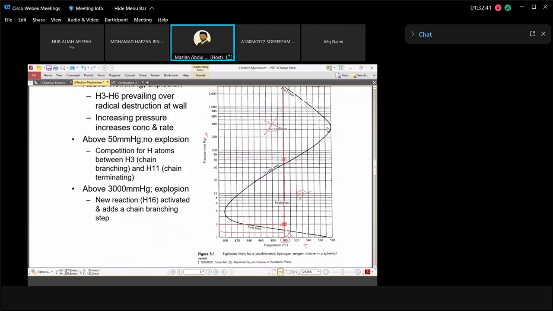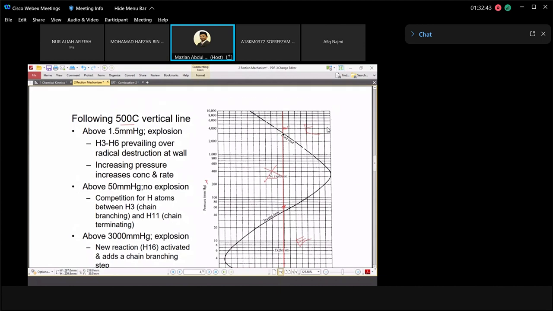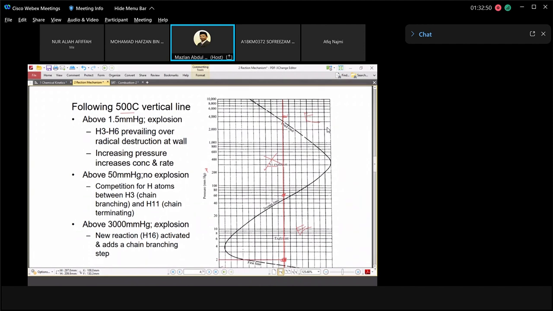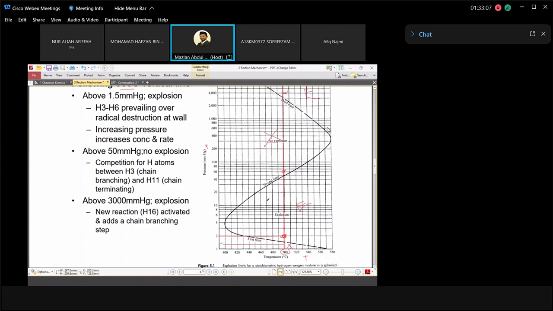Above 3000 millimeter mercury, above this point, there is another explosion region. At this point there is explosion, and here there is no explosion. So you have to know your S curve for whatever fuel you are dealing with.